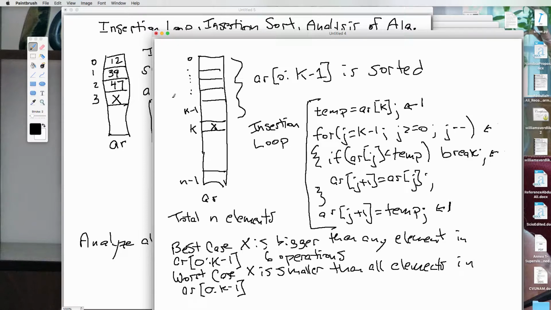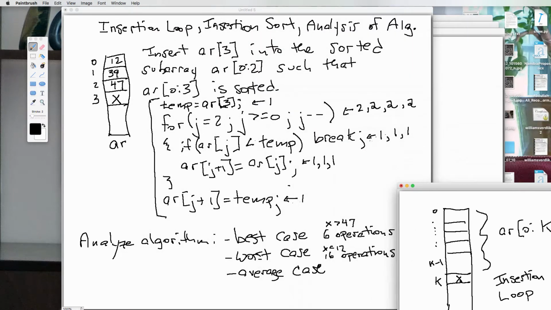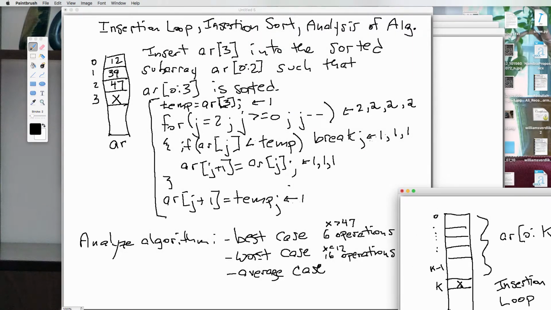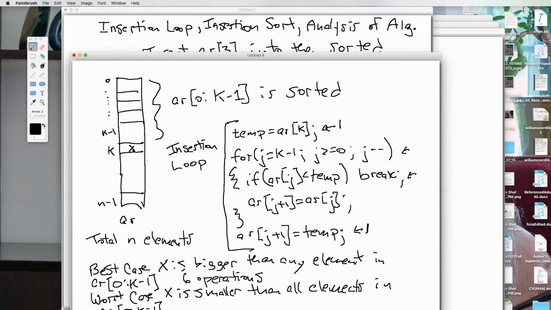How many elements are we moving in general? Well, again, we can go back here, and we can see that in this one we had to do this a total of 3 times when we were going all the way up to the 3rd element here. So that would suggest to me that over here, I am doing this K times.